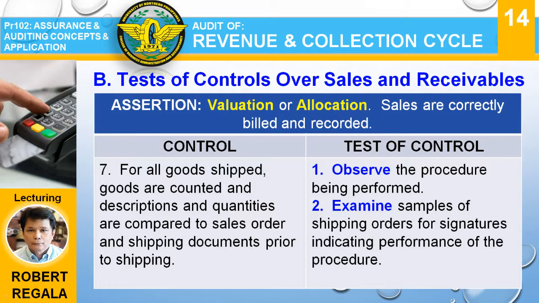To test this control, the auditor should observe that the control is being performed accordingly. He should also examine a sample of shipping orders for the signature on the shipping documents that indicate that the counting and comparison occurred.